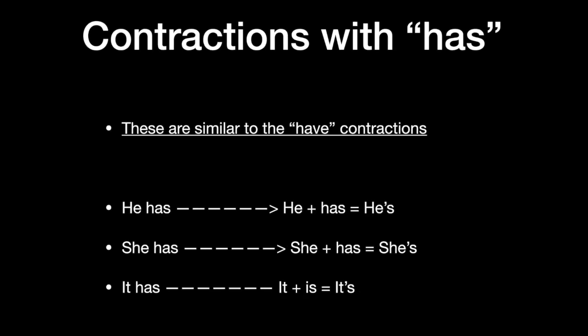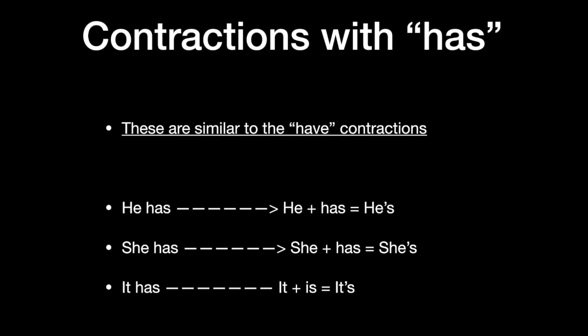So these contractions with the word has are meant to be very similar or the same as the have contractions. And I wrote that at the top, but I just wanted to point that out. These are a little different from the have ones.